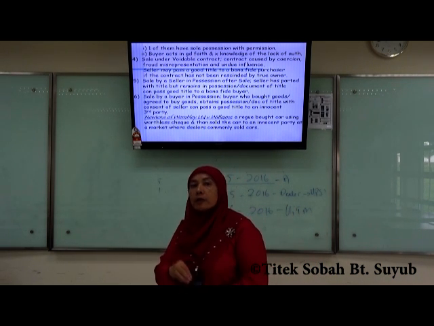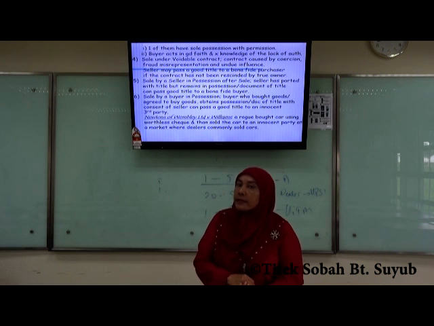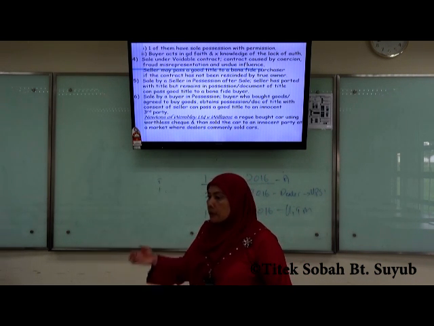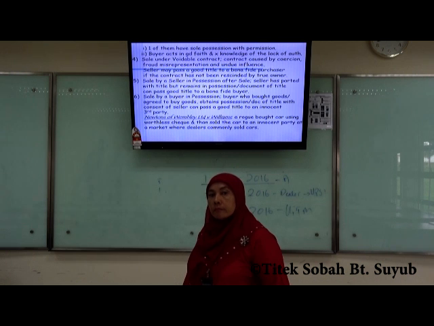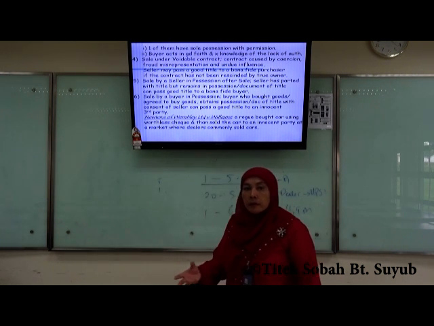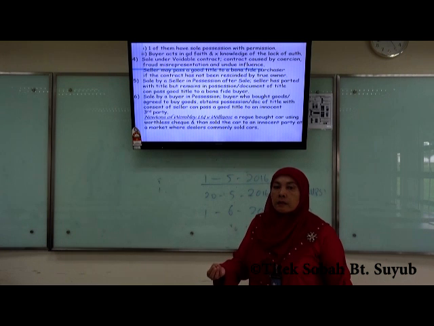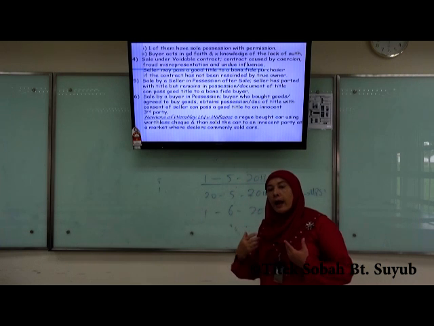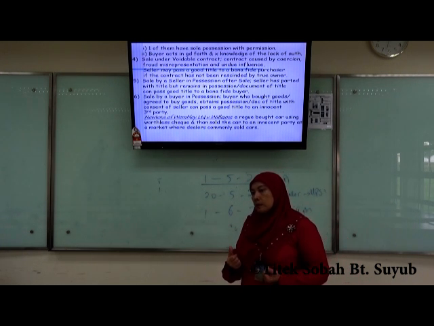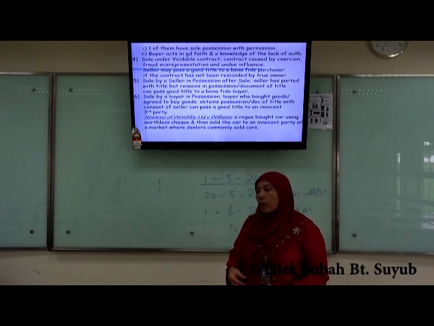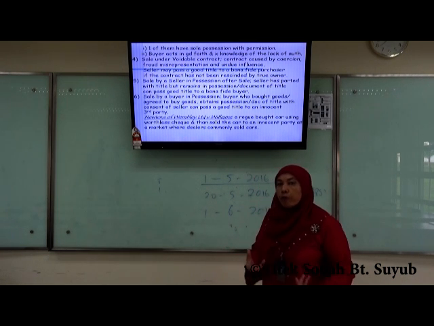However, as long as the contract hasn't been rescinded yet by the aggrieved party, selagi tidak diketepikan, it's a valid contract. There is fraud involved, right? However, if the other party does not rescind, the contract is still valid. So let's say I buy your vehicle, whereby fraud is involved, or maybe undue influence.